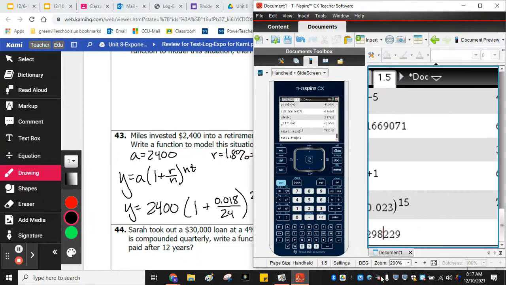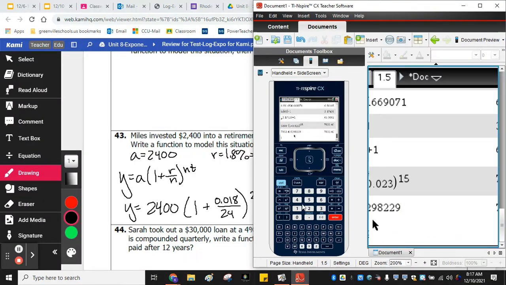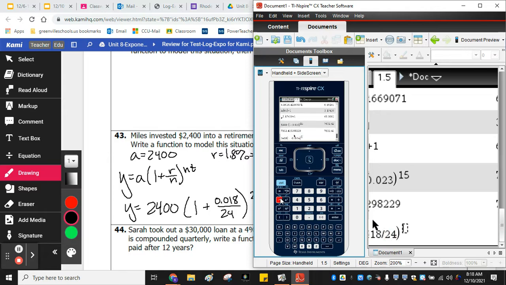There's no way you can remember all that. 2,400 times 1 plus 0.018 over 24, raised to 24 times 25.